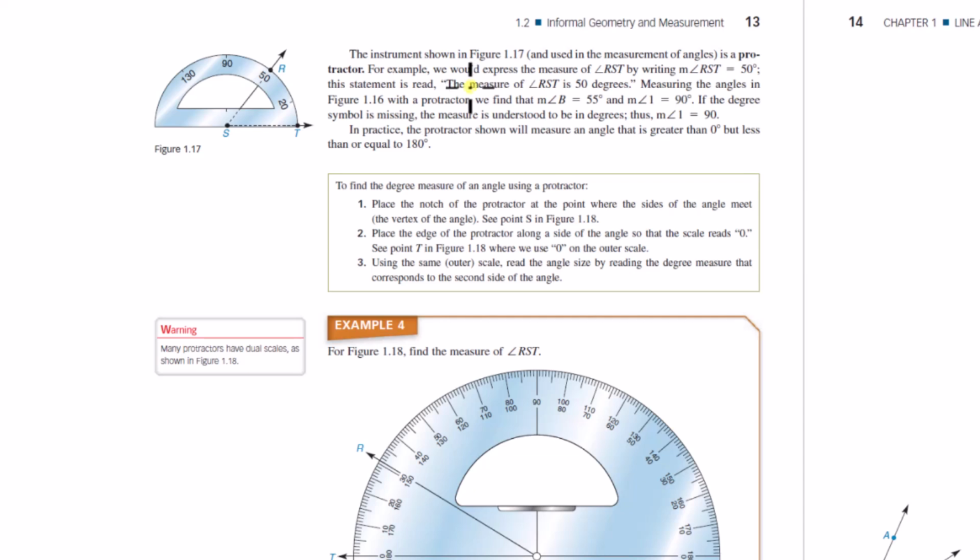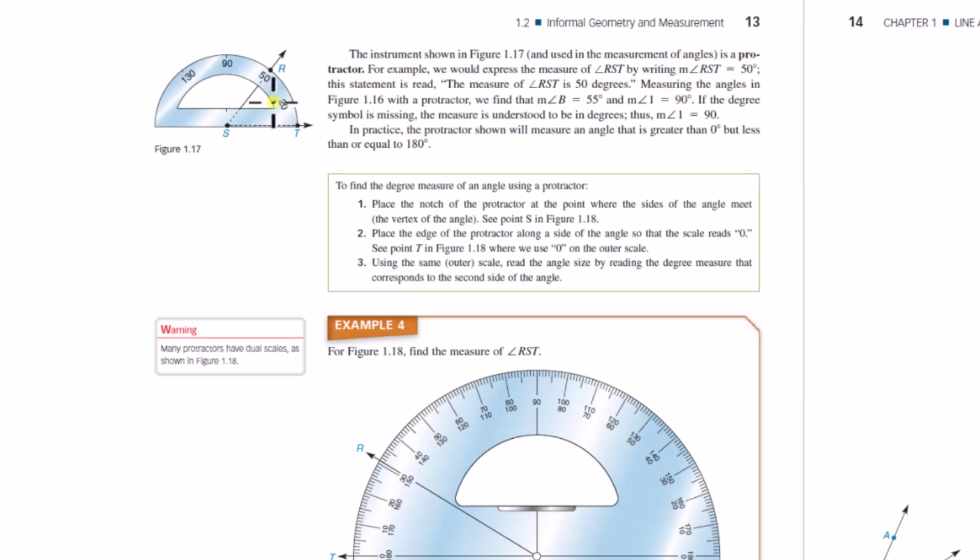For example, we would express the measurement of angle RST by writing m angle RST. So here, you're just pointing out the geometric figure, angle RST. This is not a number. Here, now you're specifying a measure of that angle.